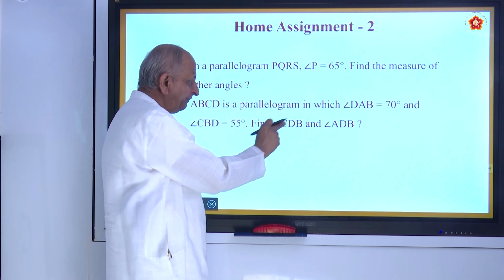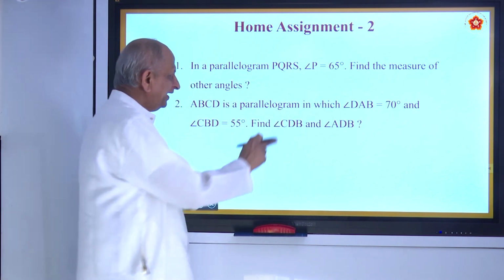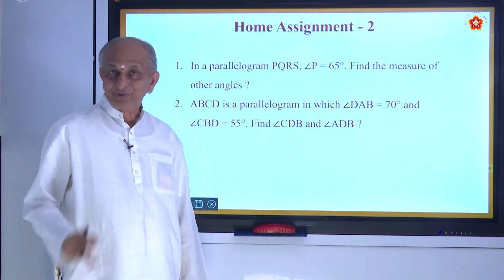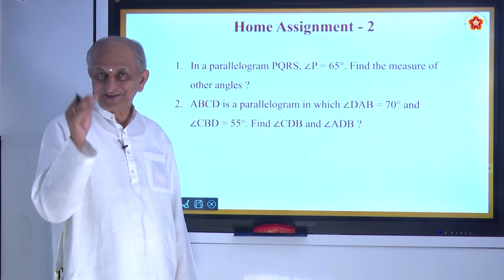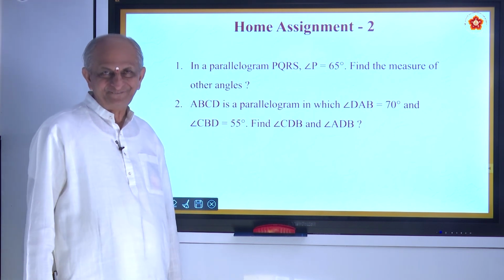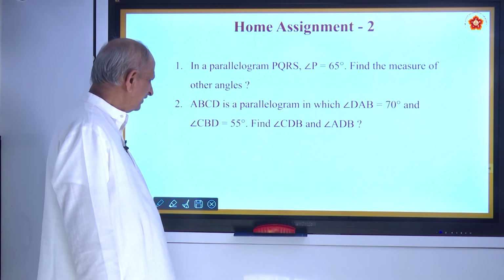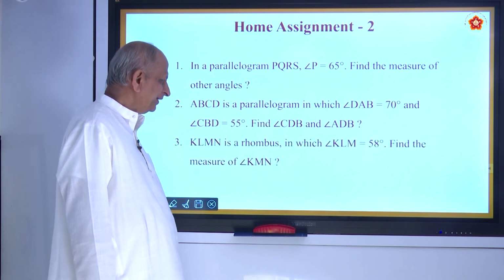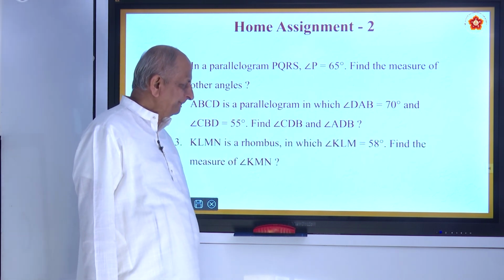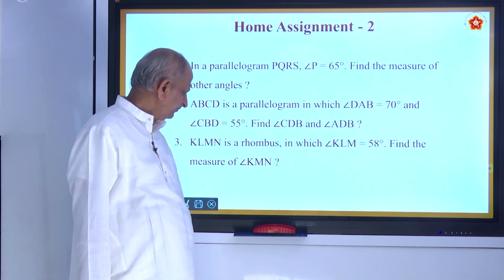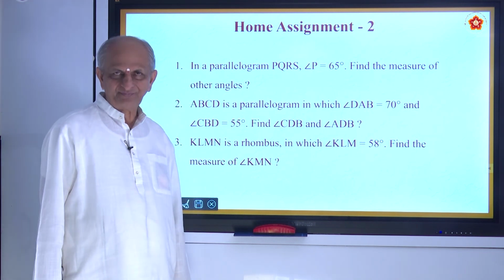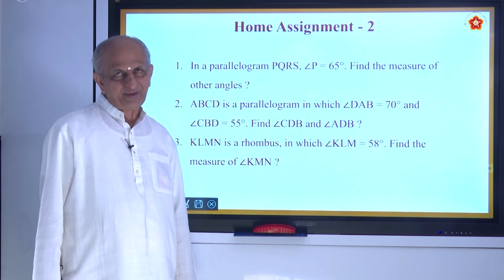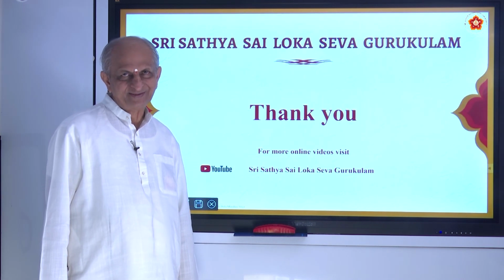Find CDB and ADB. Of course, you must draw the diagram, otherwise you can't understand correctly. You can do it, na? Very nice. Third one, KLMN is a rhombus. KLM is 58. Find the measure of KMN. Come prepared. Very nice. All the best.